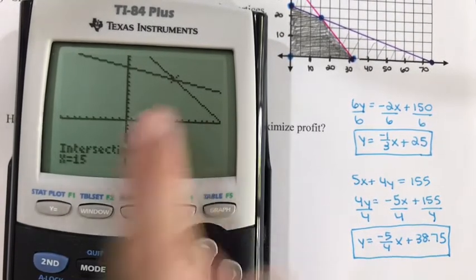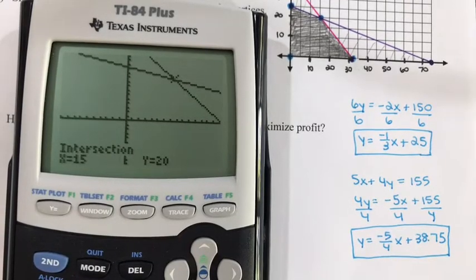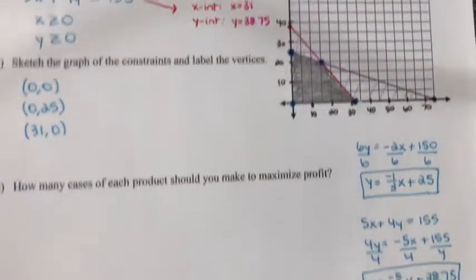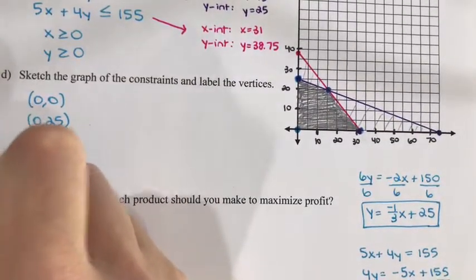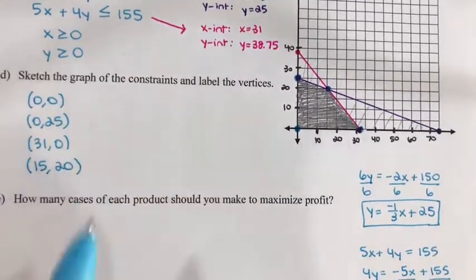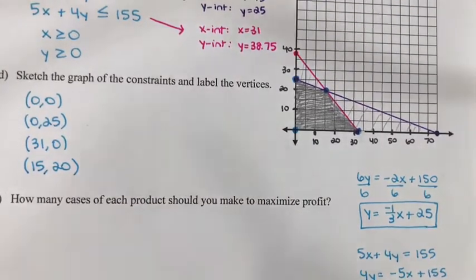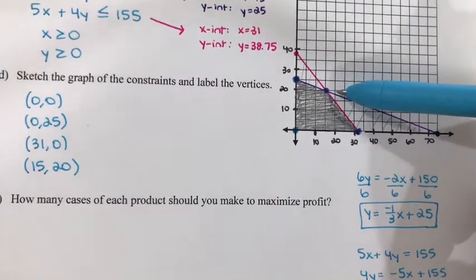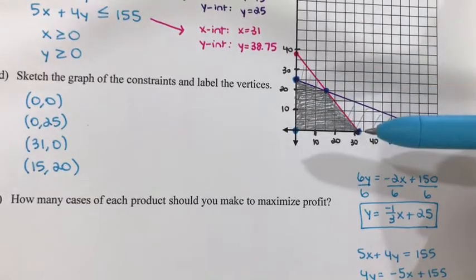And you'll notice it gives us the intersection point at 15, 20. So my graph was pretty accurate. I usually recommend that you guys double check in your calculator, especially if maybe your lines aren't perfect on the graph, okay?